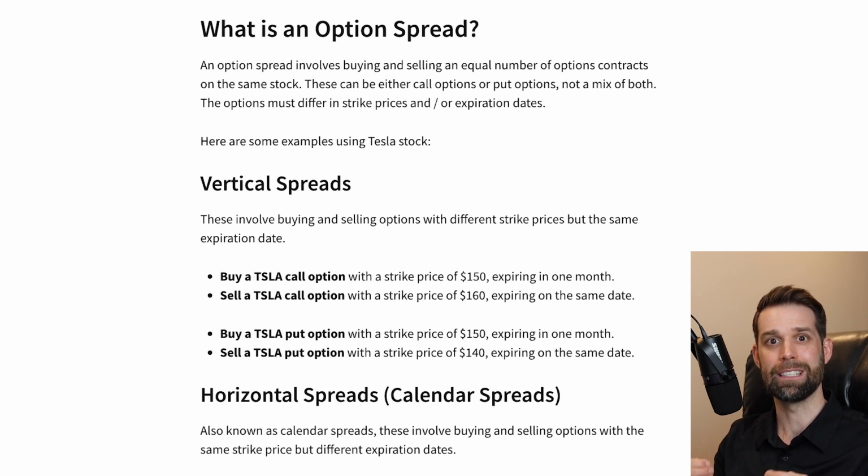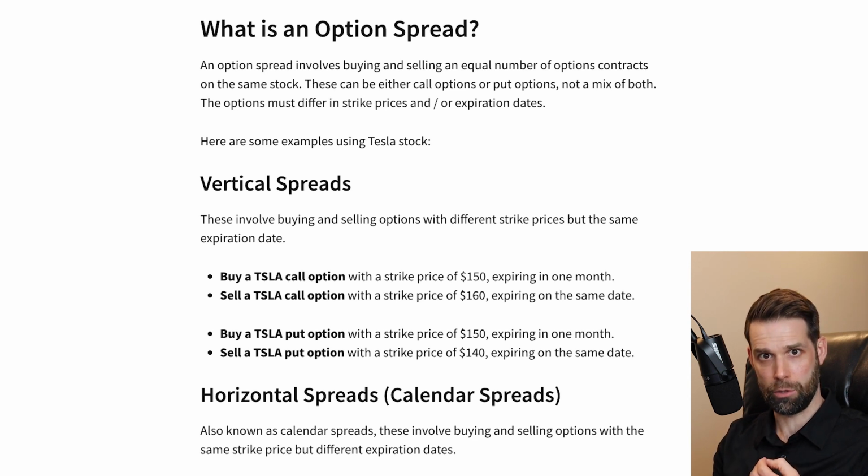So with an option spread, you buy a call option, for example, and then simultaneously you sell a call option. And then what would differ would be the strike prices, or the expiration dates on the contracts would differ, or you would have a combination of both.